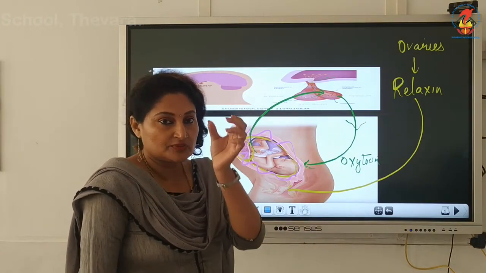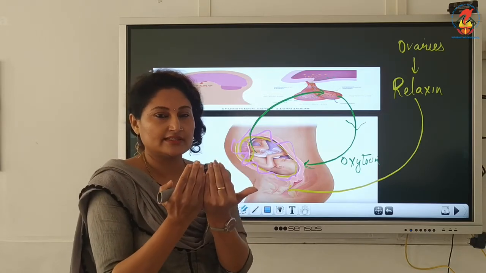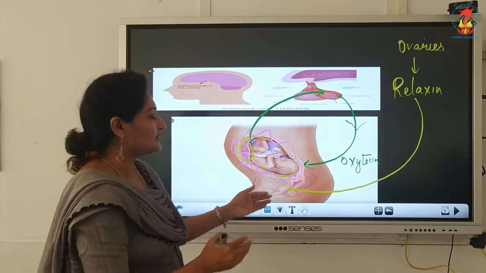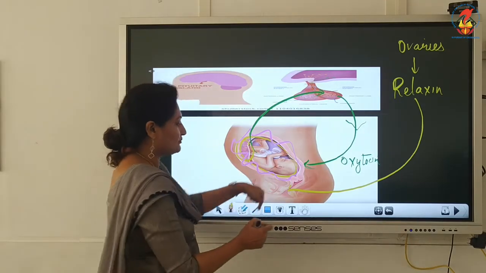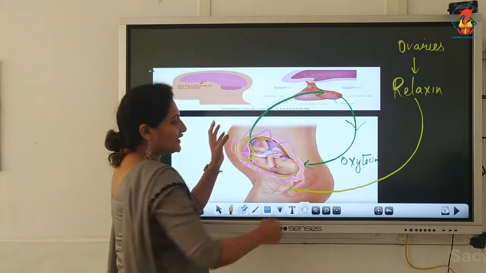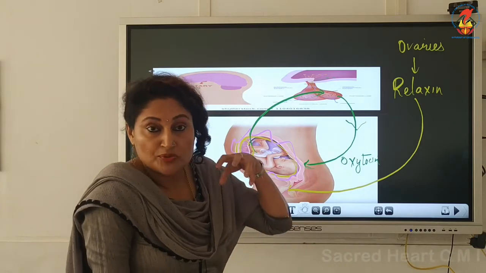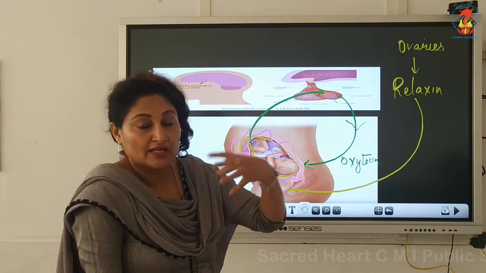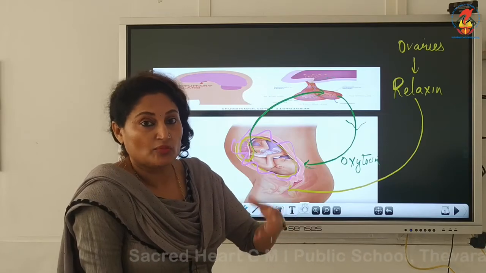It is a cartilage which joins the two pelvic bones. So, there it slightly relaxes so that the birth canal widens or the vagina dilates. When it dilates, the baby is pushed out. So, once again, along with oxytocin, oxytocin is responsible for pushing the baby by creating wild and vigorous contraction of the myometrium.